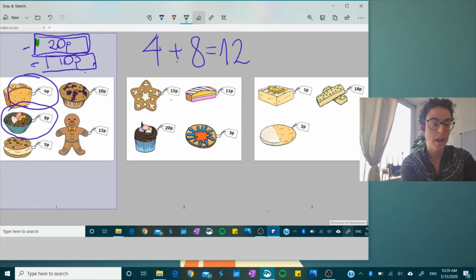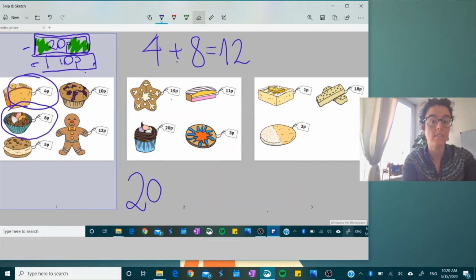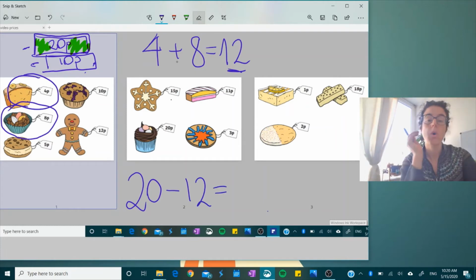I can use my 20p to pay. So we start with 20. That's what I'm giving you. And then the total price was 12. So how much change do you give me? 20 minus 12 is... Do you remember? It is 8.